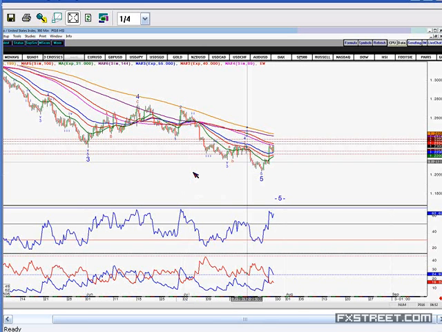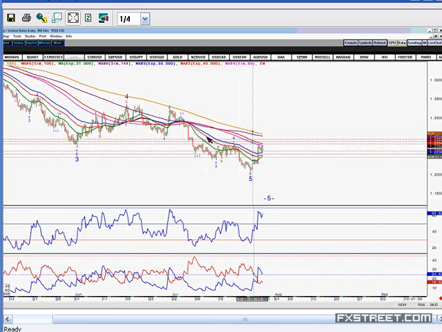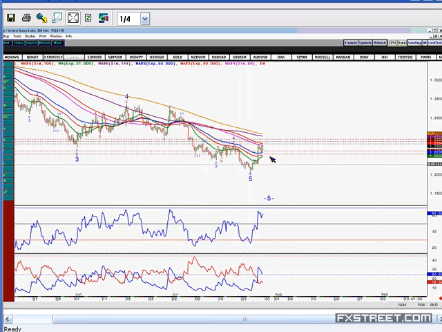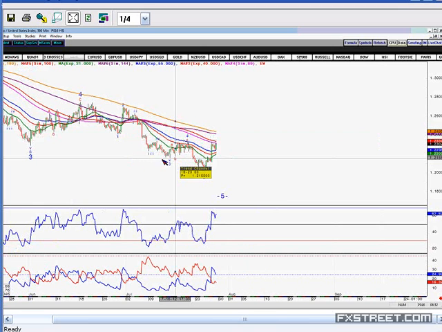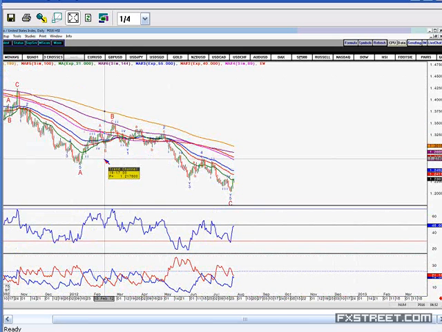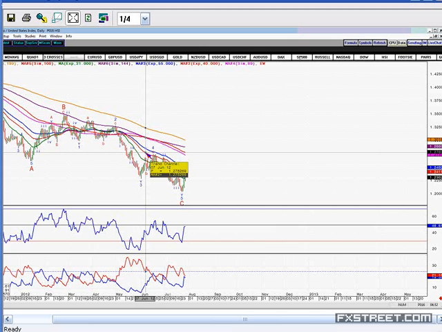So this is purely a correction. The major low or major bottom is not seen yet. So we will wait for more clues from the market. You have to play the game, especially based on your analysis and your expectations, and that makes things easier.